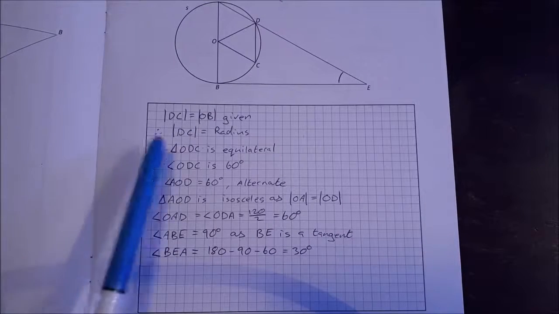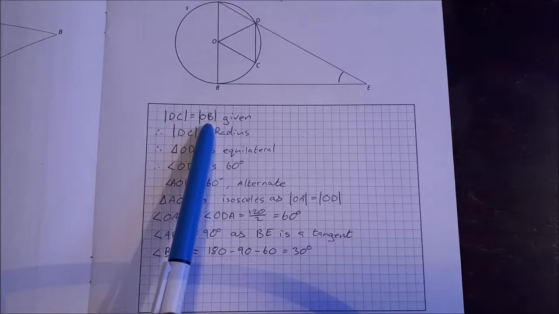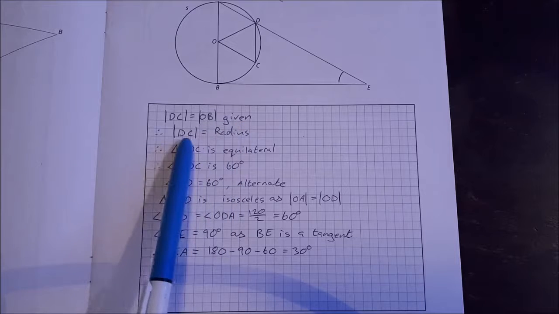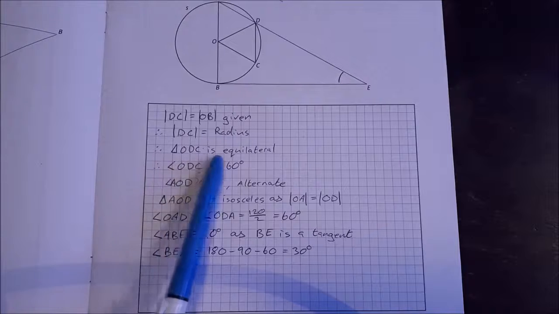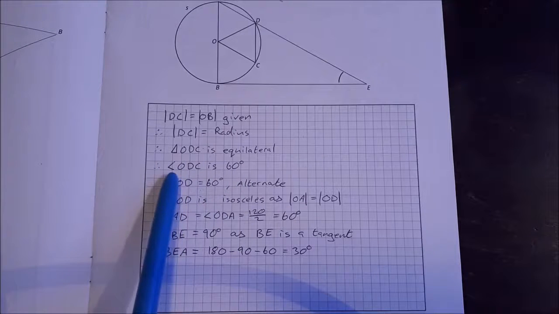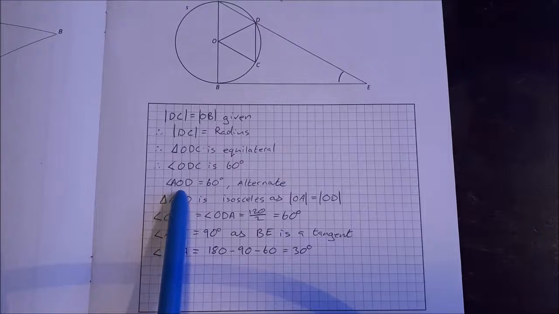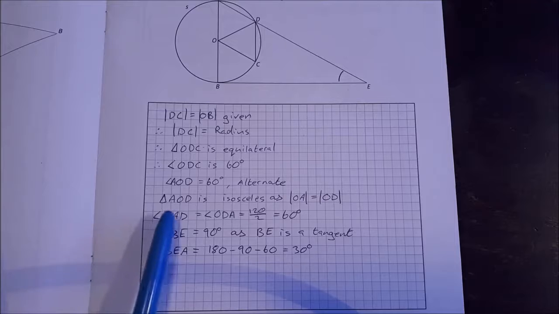So here's the solution for that. The side DC is equal to the length OB, that's given. Therefore DC is also a radius. The triangle ODC therefore is equilateral. That means each angle in it is 60 degrees. That means the angle AOD is also 60 degrees by alternate angles.